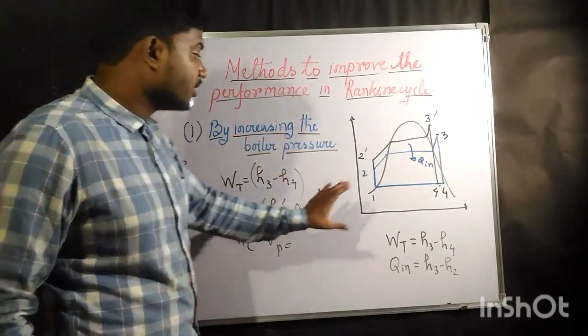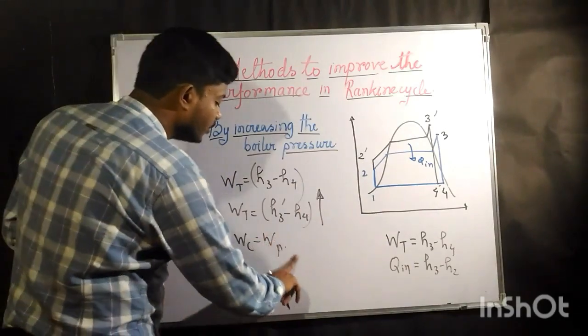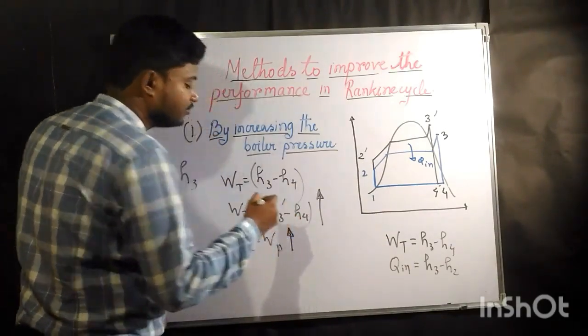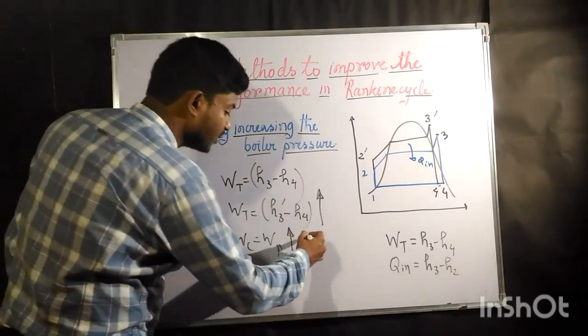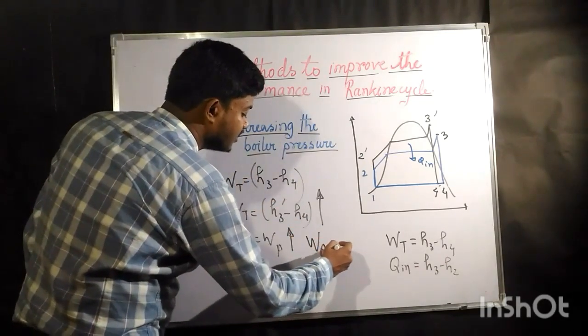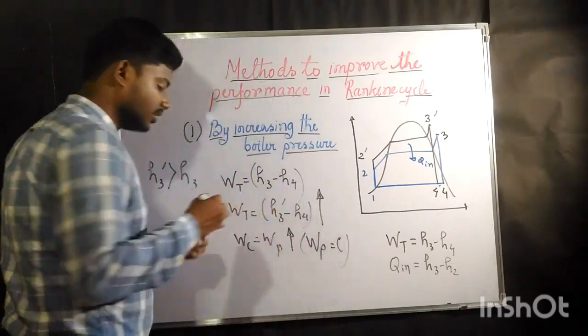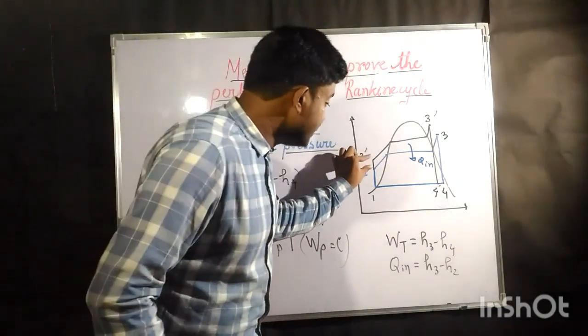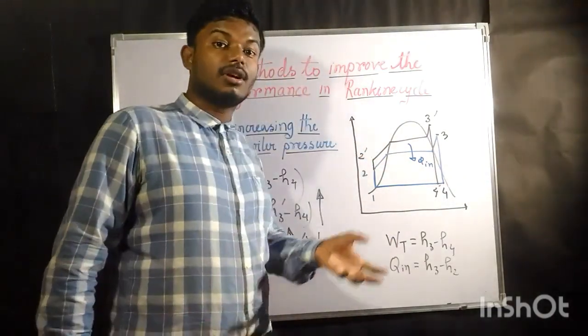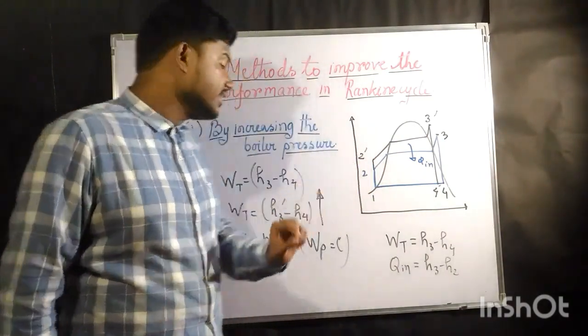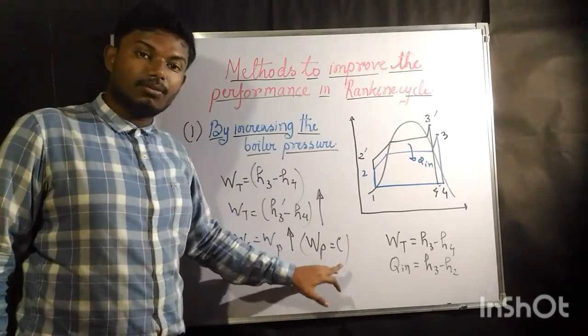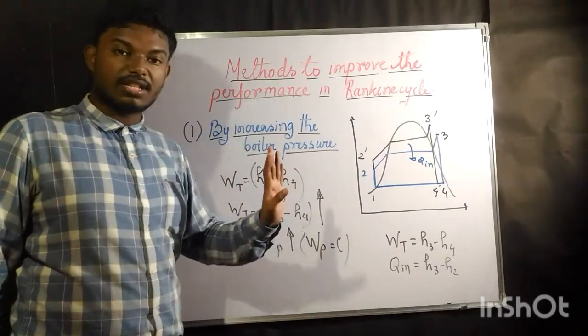So now this is going to increase, but only slightly, such that we consider it as constant. The increase in the pump work or compression work is so little that we take work done by pump as constant.